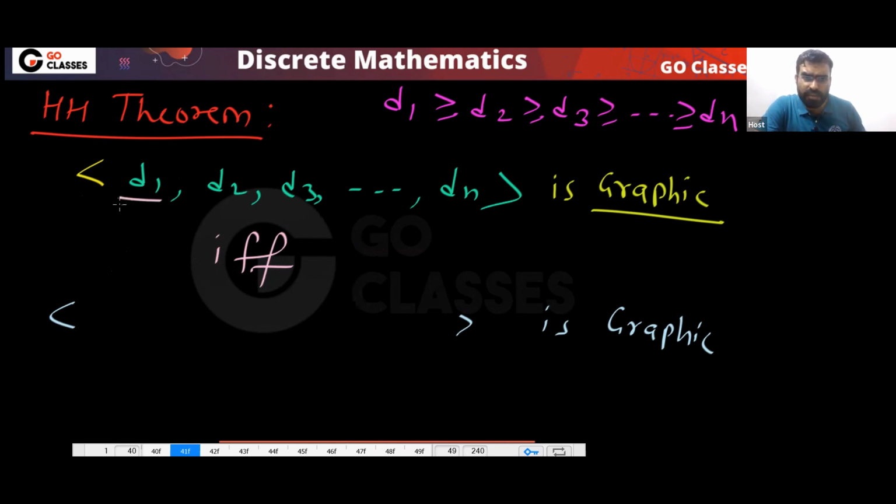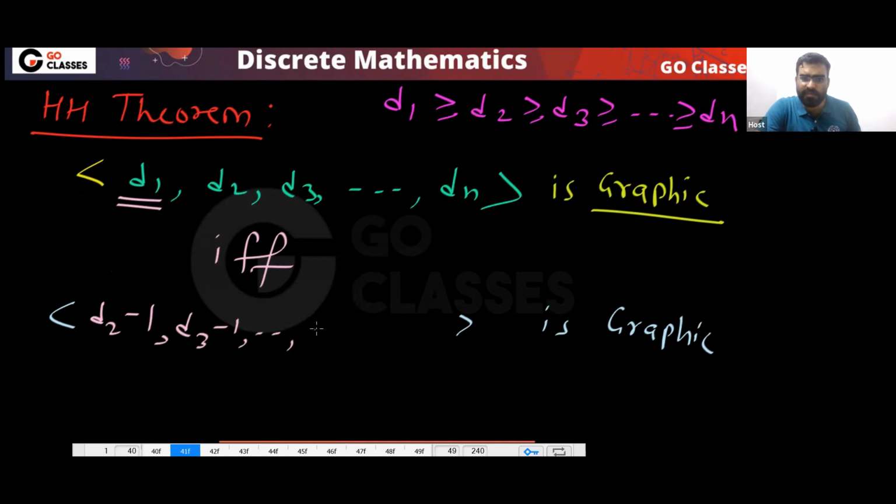Which new sequence will I create? Delete D1, and from the next D1 vertices, you delete one from each.